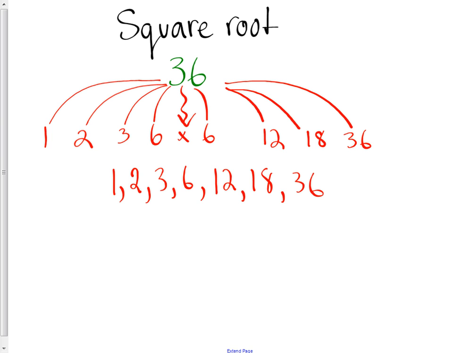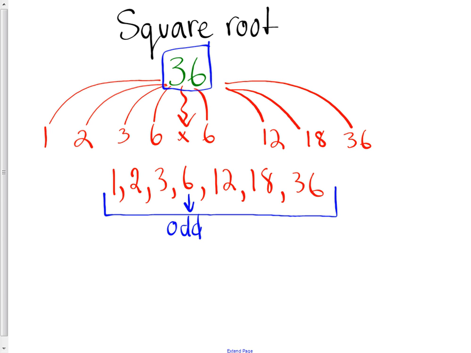Now there's a neat little trick that you can use to identify whether or not a number is square by the number of factors it has. If a number has an odd number of factors, it is a square number. And the reason for that is that one odd one in the center, that one that doesn't have one that matches it, indicates the number that times by itself will equal 36, or the square number.